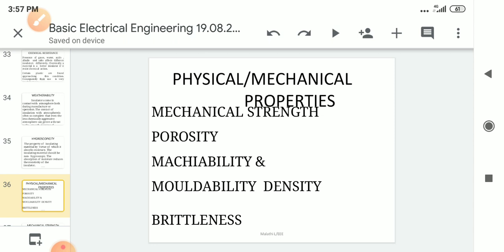The physical or mechanical properties are mechanical strength, porosity, machinability and moldability, density, brittleness. Here viscosity, porosity, solubility, moldability, density, moisture absorption, surface tension, uniformity, etc. are the various mechanical properties of these insulating materials.